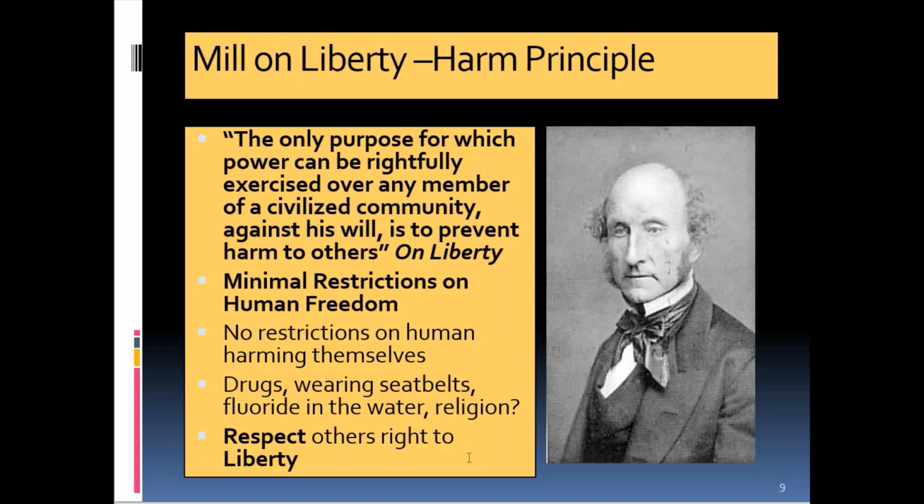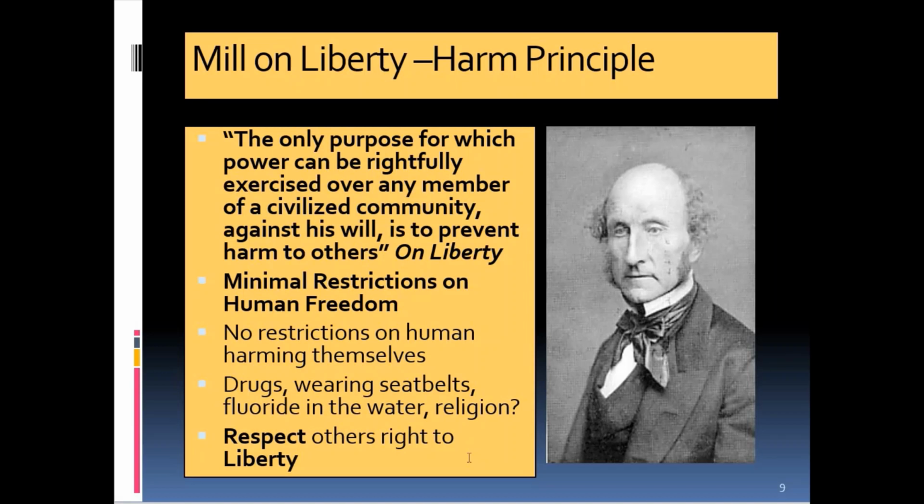Now, I suppose the complication comes when we try to figure out what constitutes harm. Could we say, for example, that teaching creationism in school is a harm to children? Then should the government be stopping the teaching of creationism in, say, public schools?